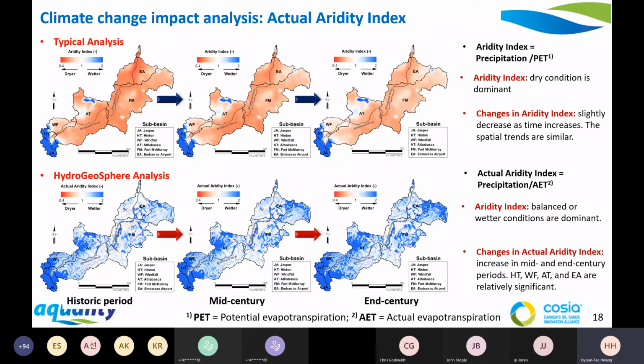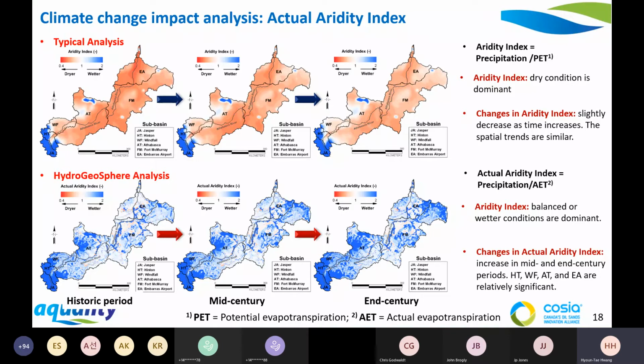However, if you look at the HGS analysis based on actual aridity index, you can see a totally different result because we use actual evapotranspiration for this analysis. For the historic period, bottom left, you can see the blue or balanced condition is dominant in midstream and downstream area.